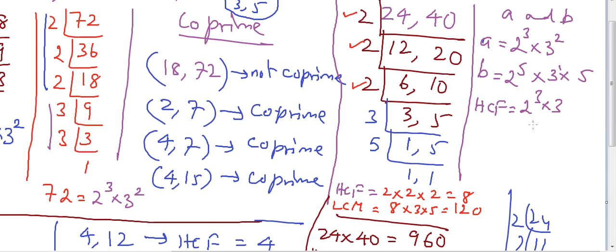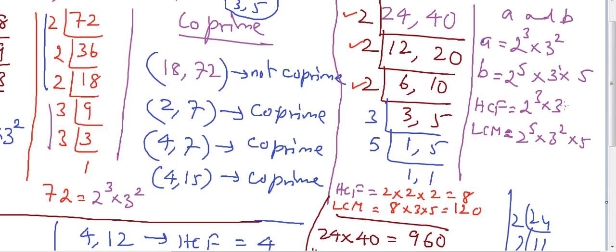This is the HCF. For the LCM, you take the highest power, whether the factor is common or not. So it's 2 power 5 into 3 square into 5. Because 5 is not common, we still need to multiply by that factor.